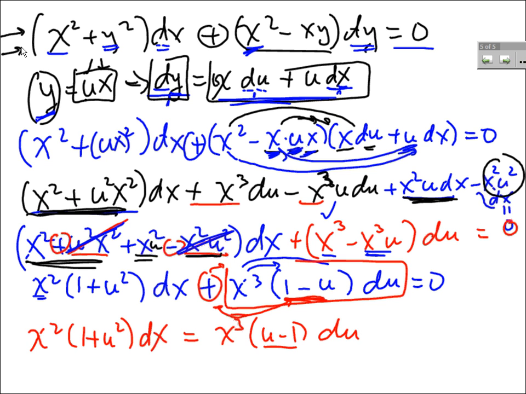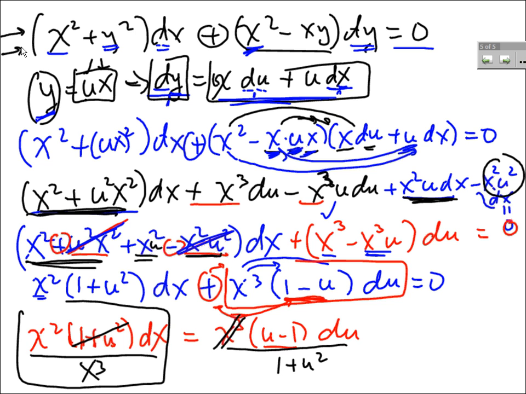Now this is clearly separable. For example, I can move that term, or that factor. I can move this factor under here, 1 plus u squared, and I can move this factor under here. Now this has just x's, and this just has u's. And this is 100% separable.